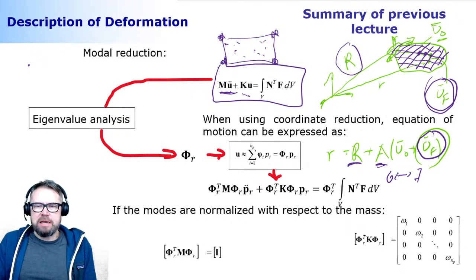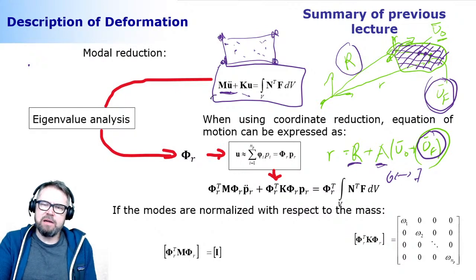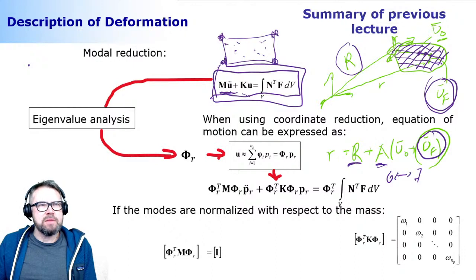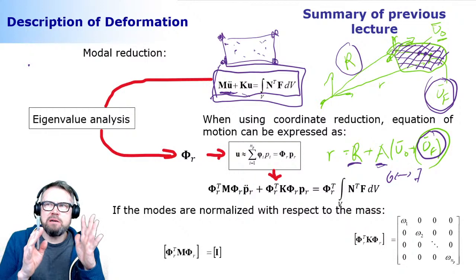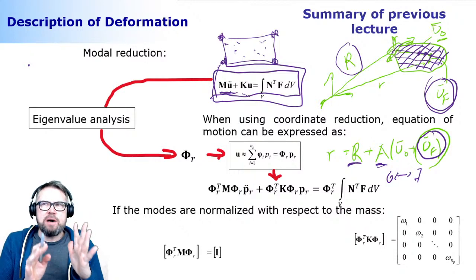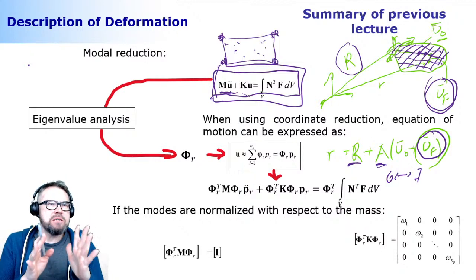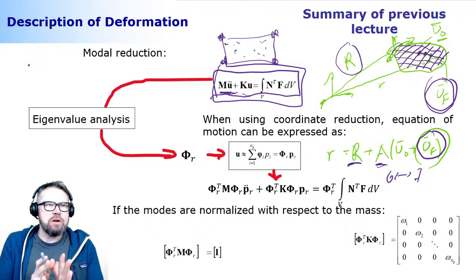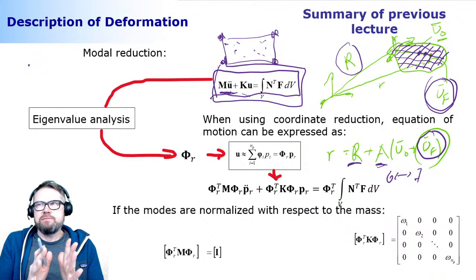The easiest way to make that happen is to conduct an eigenvalue analysis of this finite element model. In eigenvalue analysis, we are not solving absolute responses, but just the possibilities for how the structure can deform. How do you know that?